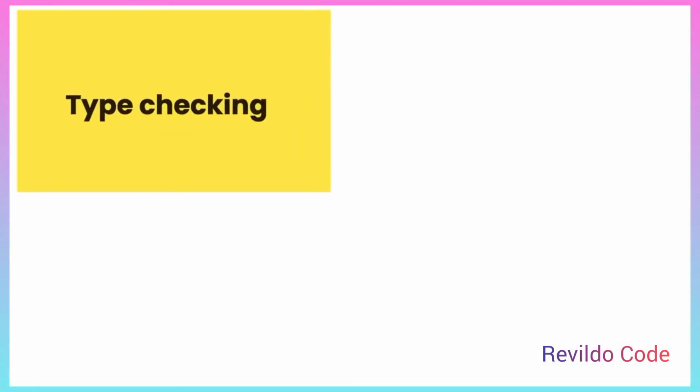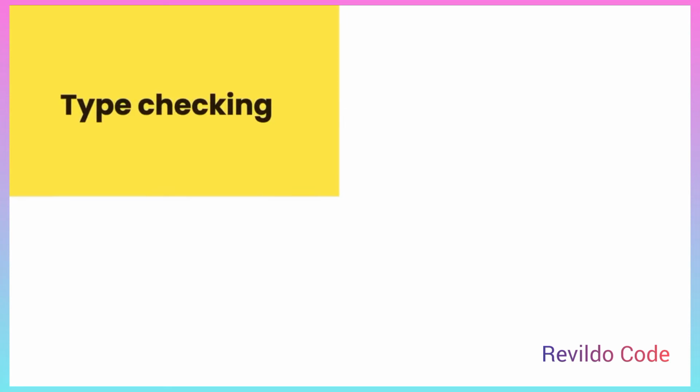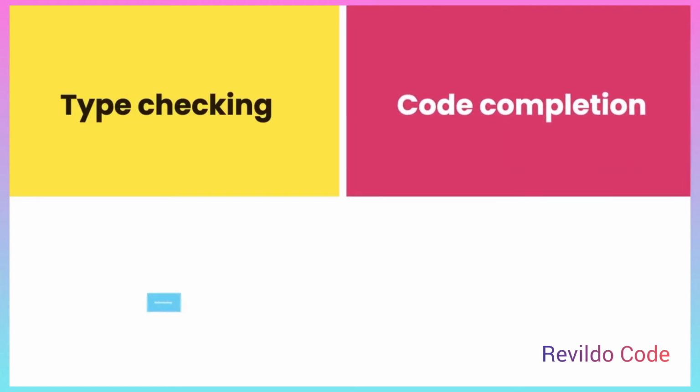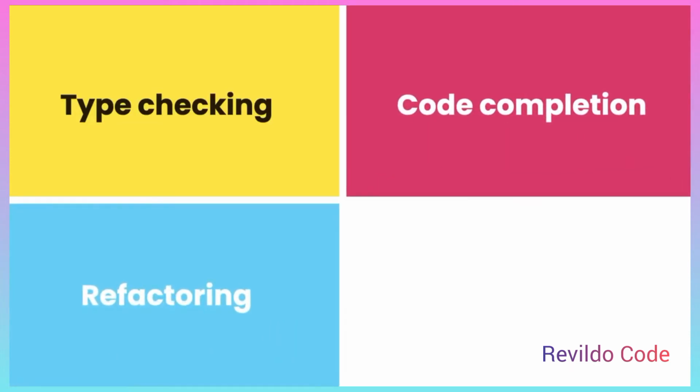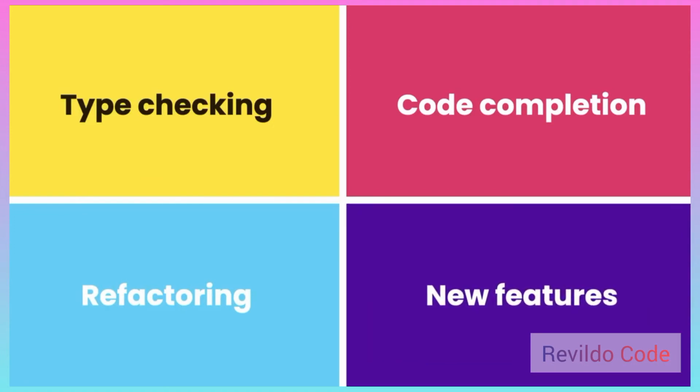But TypeScript is more than just type checking. Most code editors these days have great support for TypeScript, so they can detect the type of our variables and offer productivity boosting features like code completion and refactoring. Also, TypeScript includes additional features that help us write cleaner and more concise code.